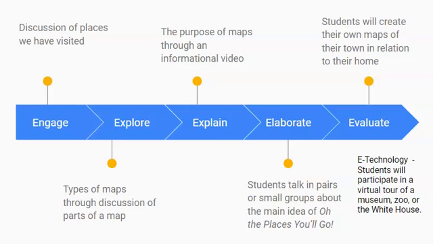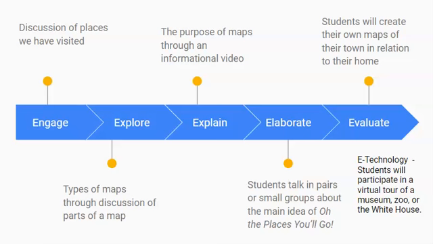We would talk about the cardinal directions, a compass, a scale that's on a map, and the roads, railroads, rivers, waterways, any other parts of a map such as those. Then I would explain the purpose of a map through an informational video.